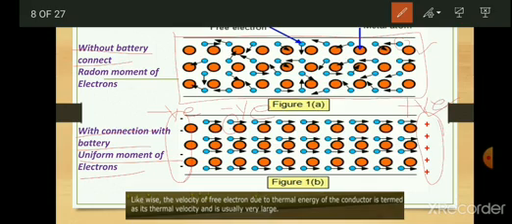So they are moving towards the positive terminal of the battery. Here the electrons are flowing towards the positive terminal of the battery.